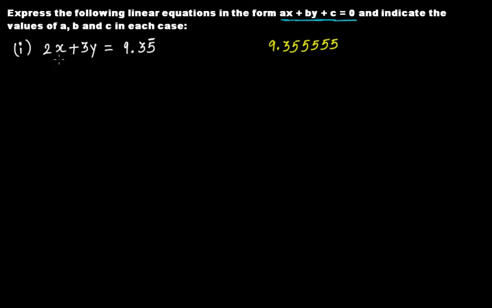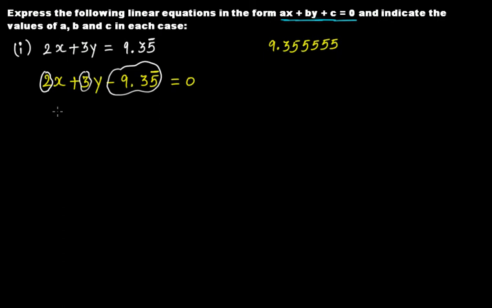So 2x plus 3y is equal to 9.35 bar can be written as 2x plus 3y minus 9.35 bar equal to 0. Now your a will be this 2, your b will be this 3, and your c will be this minus 9.35 with the bar over 5.